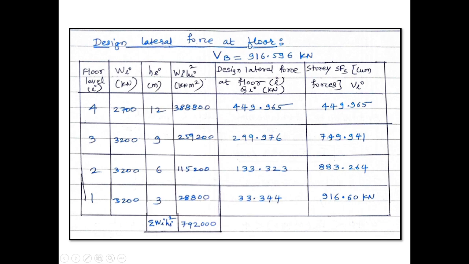That's why it is cumulative. So 749.941. Again for second floor it will be 749.941 plus 133.323, that is 883.264 kilonewton. And finally for the first floor it is 883.264 kilonewton plus 33.344, that is 916.60 kilonewton. So here we get a cross check that whatever base shear we had calculated, 916.596, the answer is the same. So it is distributed correctly.